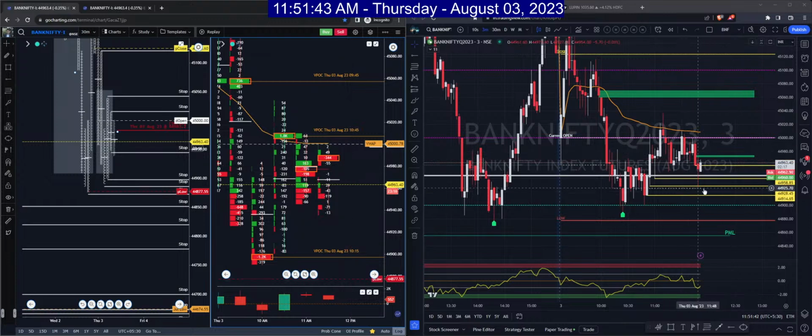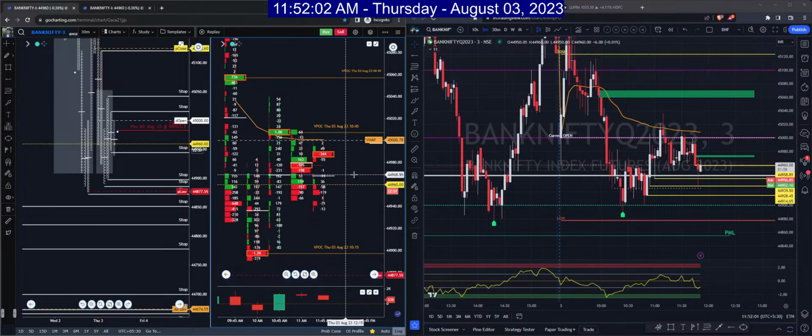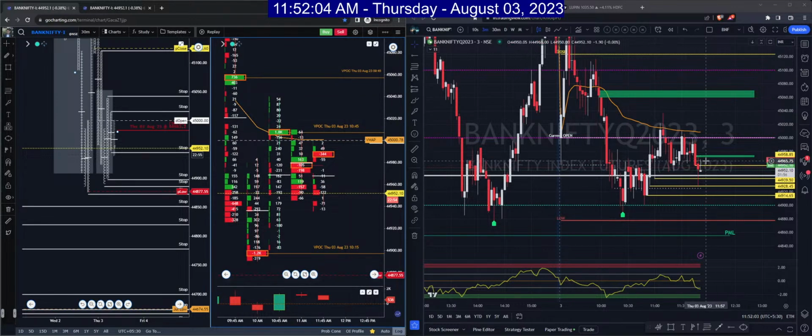But we did have absorption of supply, which is a market clue, market generated information. There is still a gap. Yep, supply is coming in.